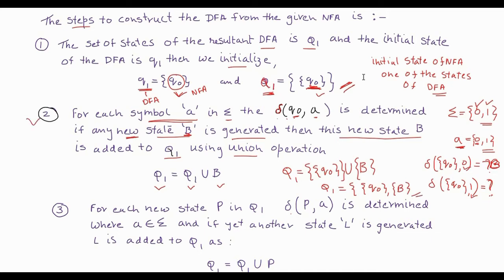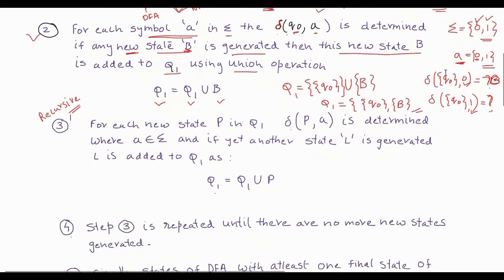The first step and the second step are executed only once. Now, step 3 is a recursive step, so we will repeat step 3 over and over again.